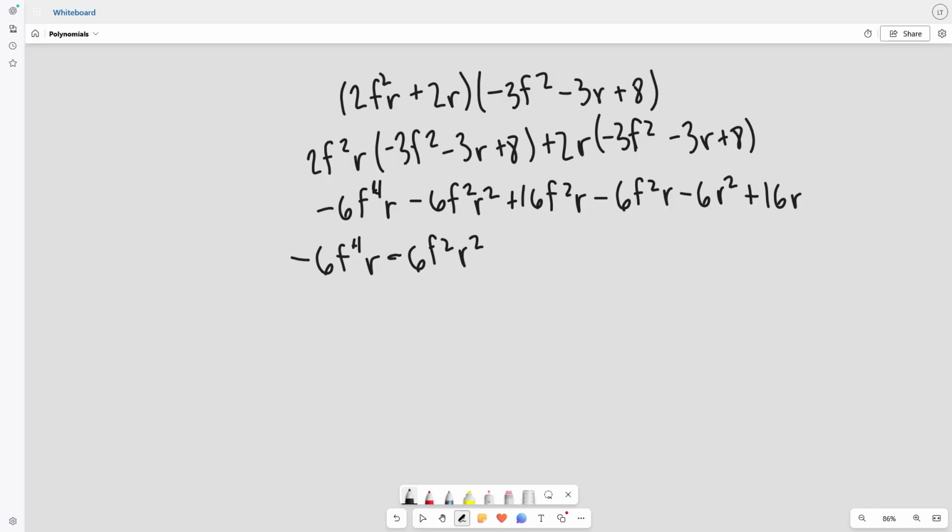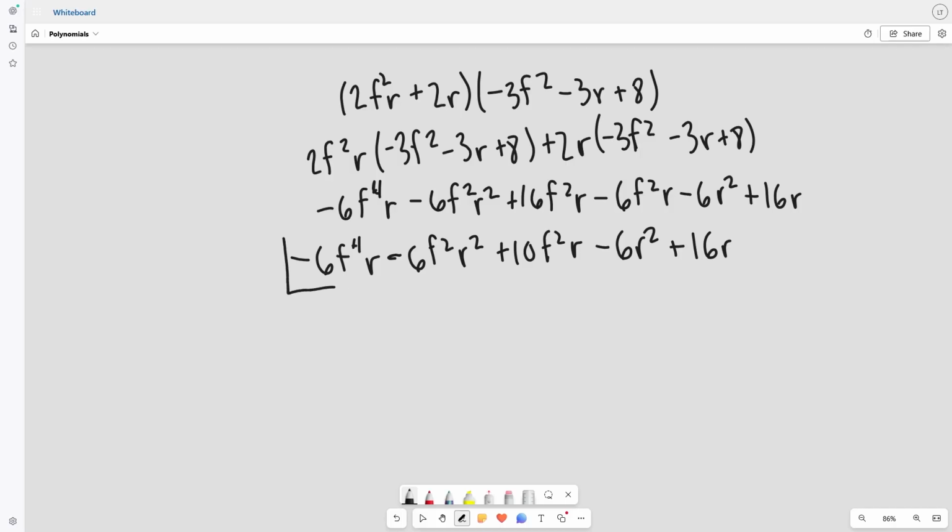So we're going to go ahead and subtract 6f squared r from 16f squared r. So we get positive 10f squared r. Subtract 6r squared and add 16r. Now you could simplify this down further, but for our purposes, we are done.